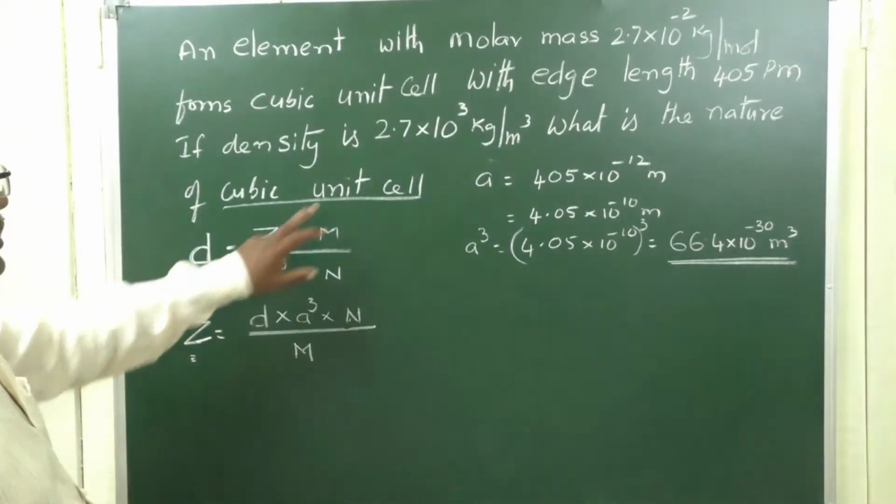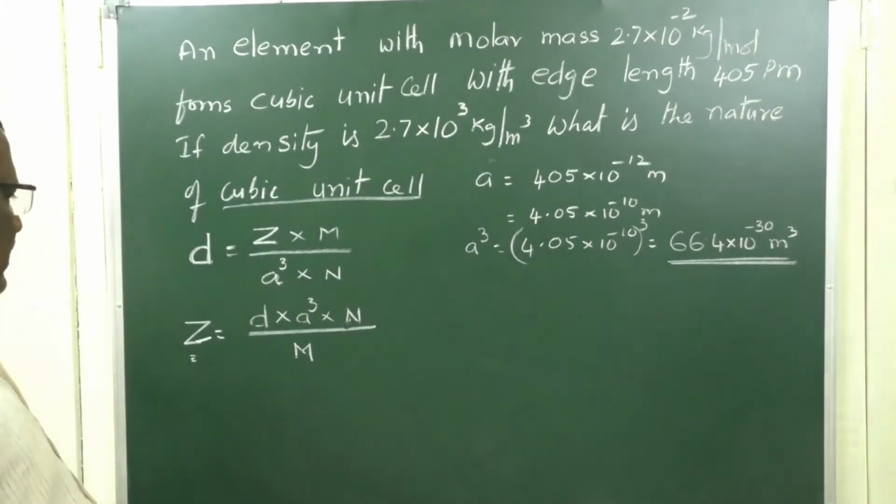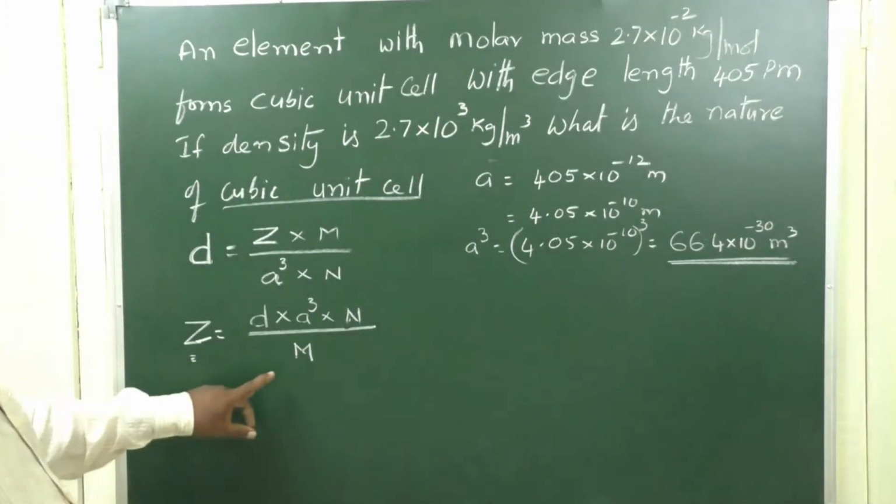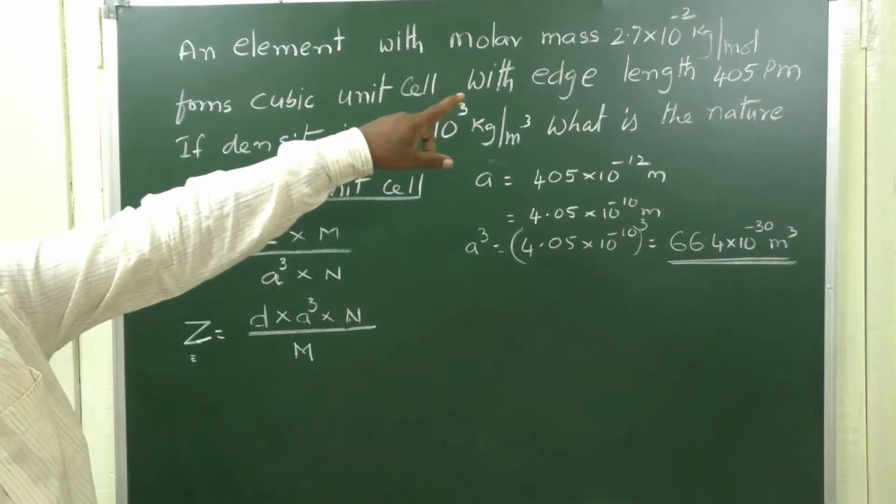We have density 2.7 into 10 to the power 3, N is Avogadro number, and the gram molecular weight is also given in kilograms.